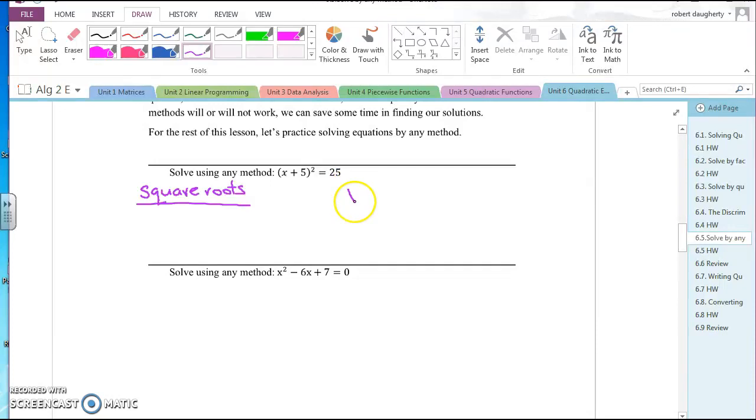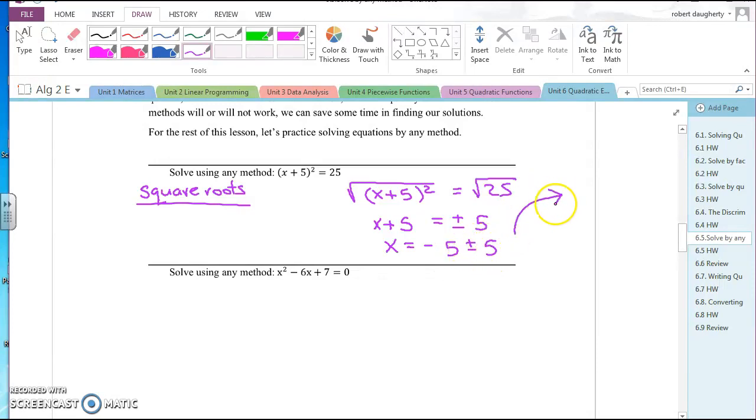So x plus 5 squared equal 25, take the square root, and when you take the square root of the left side, you'll get x plus 5. And remember, when I take the square root of a variable expression like this, I'm going to have plus or minus. What's the square root of 25? That is 5. Solving this, x is equal to negative 5 plus or minus 5.